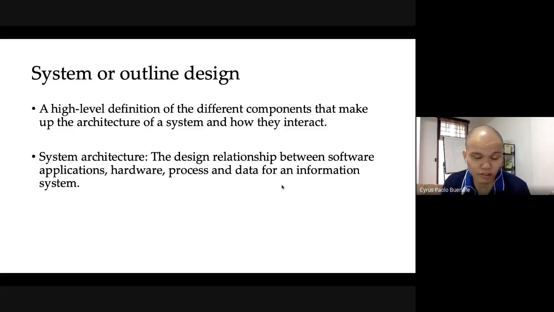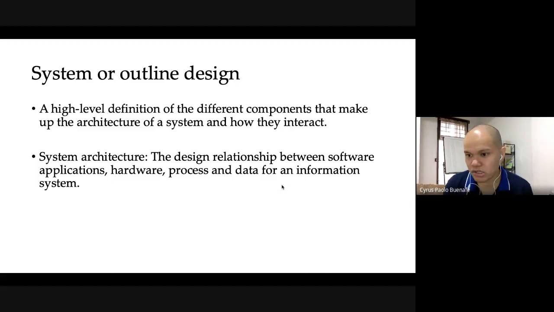From the term itself, you know that it's simply a high-level view of your system. So it's a high-level definition of the different components that make up the architecture of a system and how they interact. Okay, so system architecture is the design relationship between software, applications, hardware, process, and data for an information system. This is really also the realm of your architects sometimes.